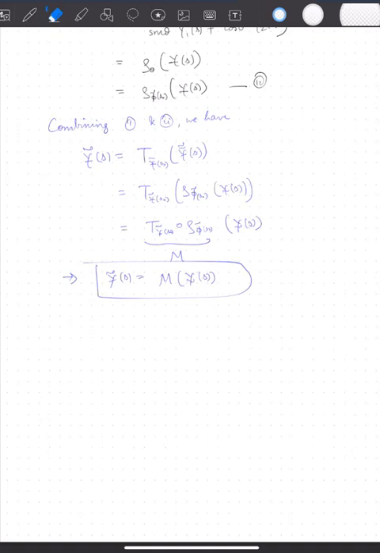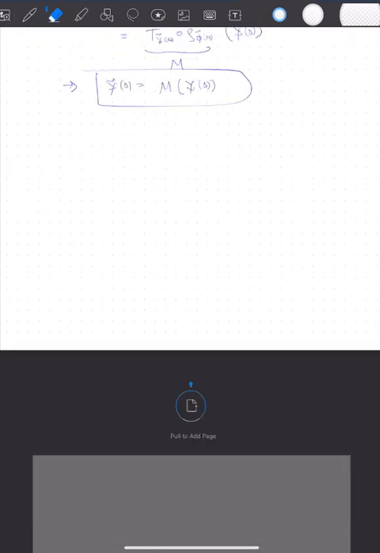Okay, so what we will do now is let's begin with space curves. Let's start a new topic today: space curves.